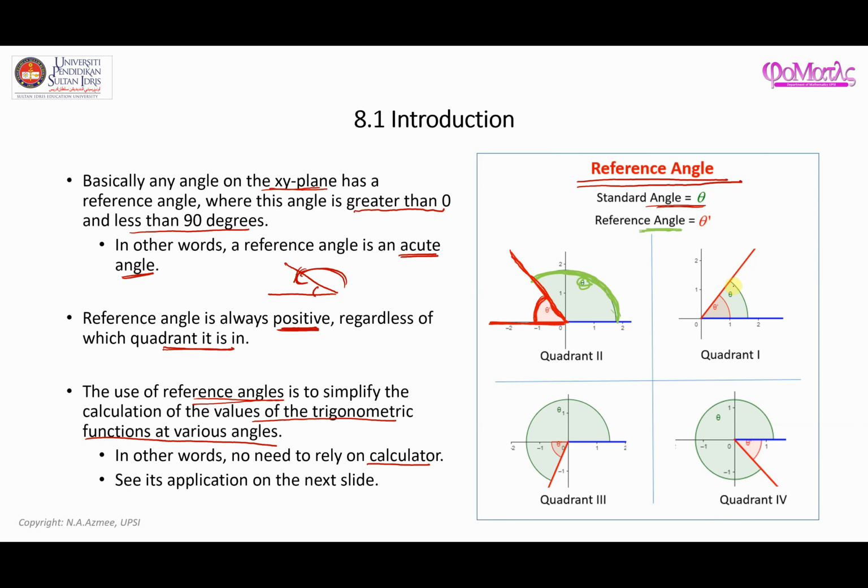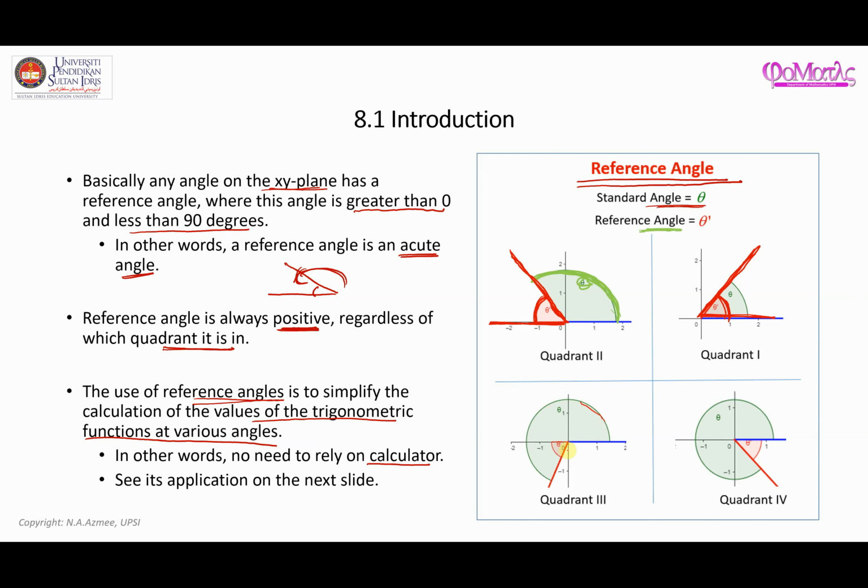Similarly, if your original standard angle is just on the first quadrant, therefore your reference theta will be the same as your standard angle. So this is your reference theta. Now let's say this is your standard angle.